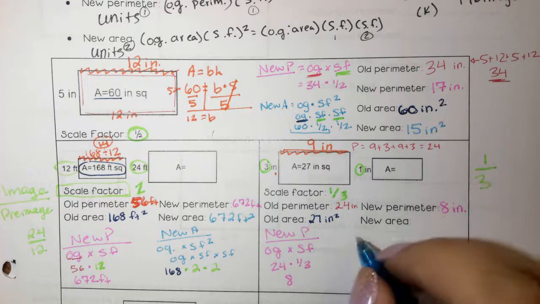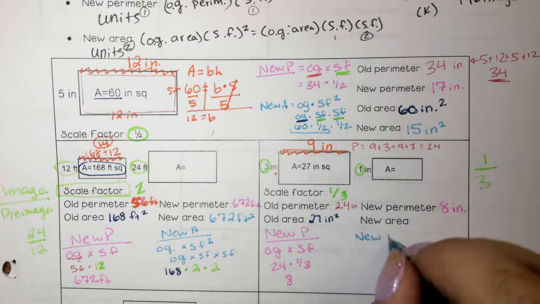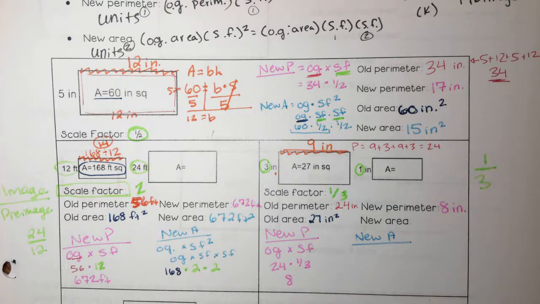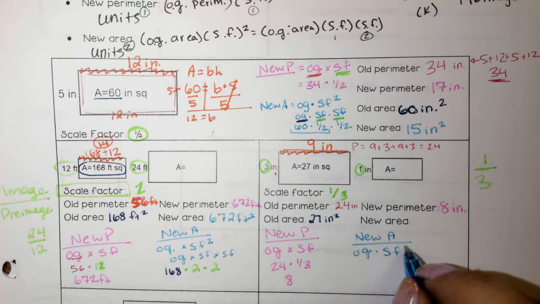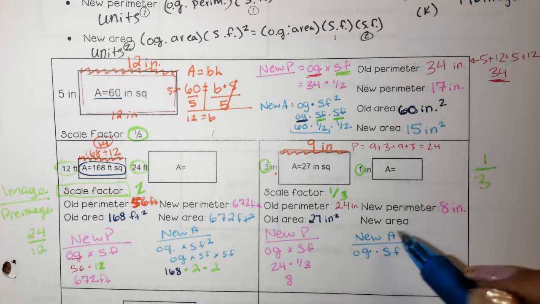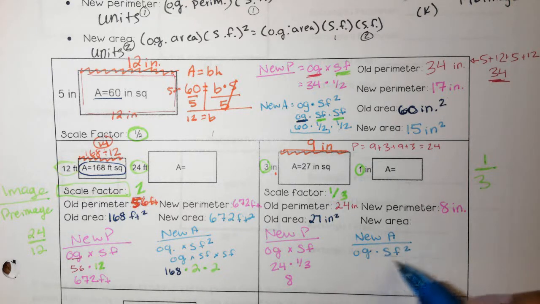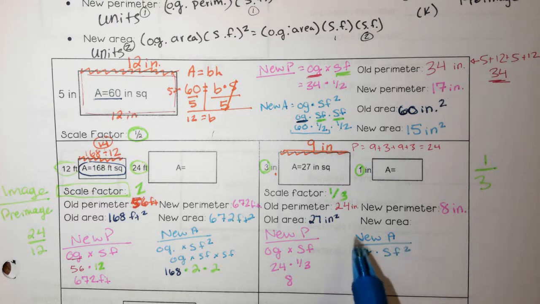The new area is found by taking the original area times the scale factor squared. Area works in 2 dimensions, so the scale factor must also have 2 dimensions. Original area was 27 times the scale factor squared.